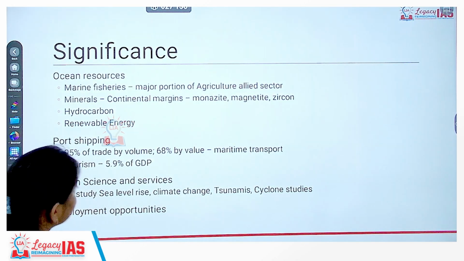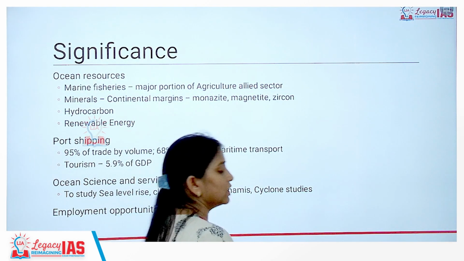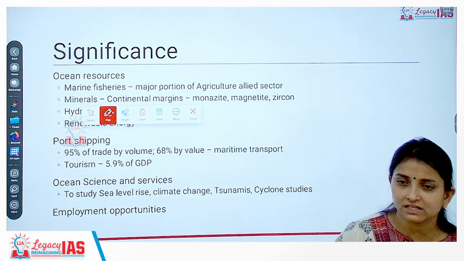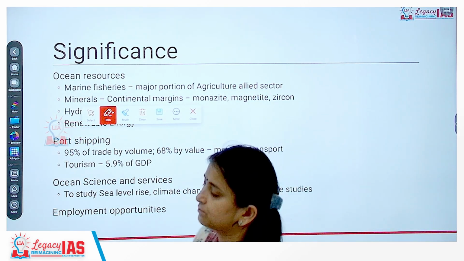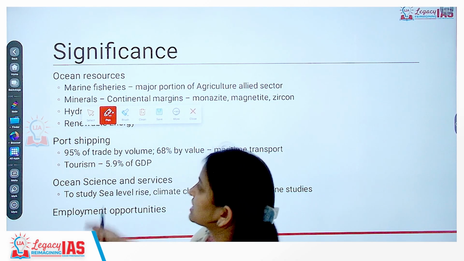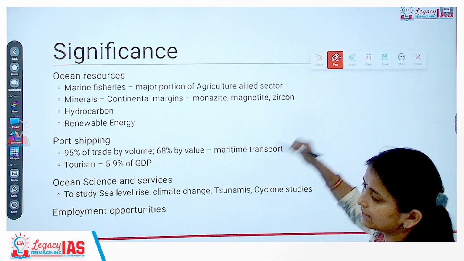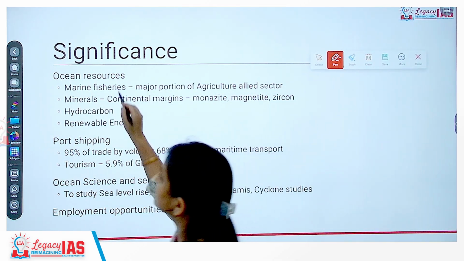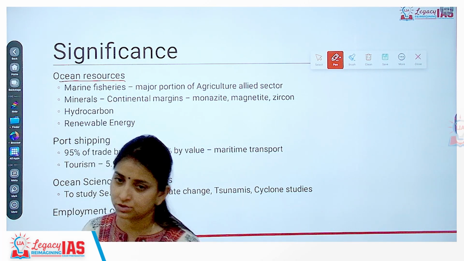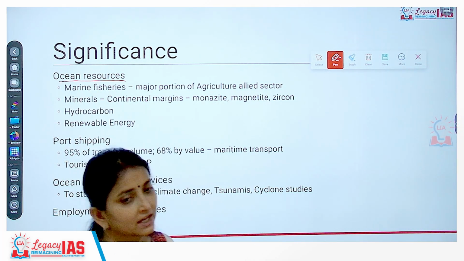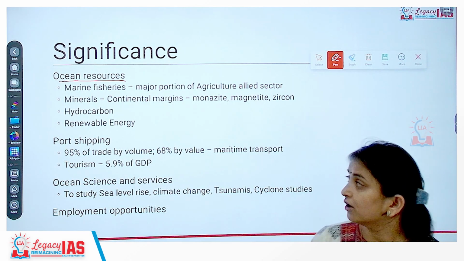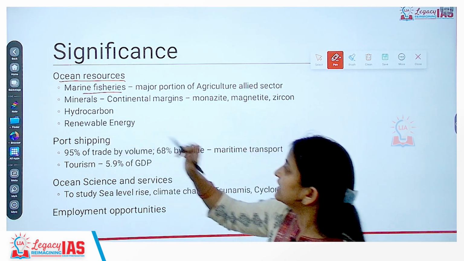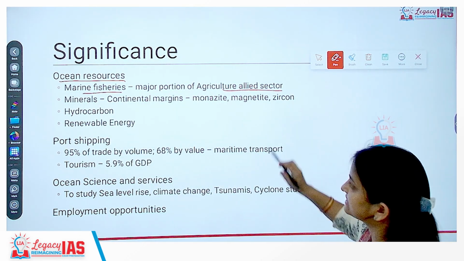Now, what is the potential? What is the significance of blue economy for India? As we discussed, there are four major sectors: renewable energy, tourism, maritime transport as well as fisheries. Our discussion will be along more or less the same lines. So, significance is definitely in terms of ocean resources. Ocean provides us with fisheries. Marine fishery is a major portion of the agriculture allied sector.